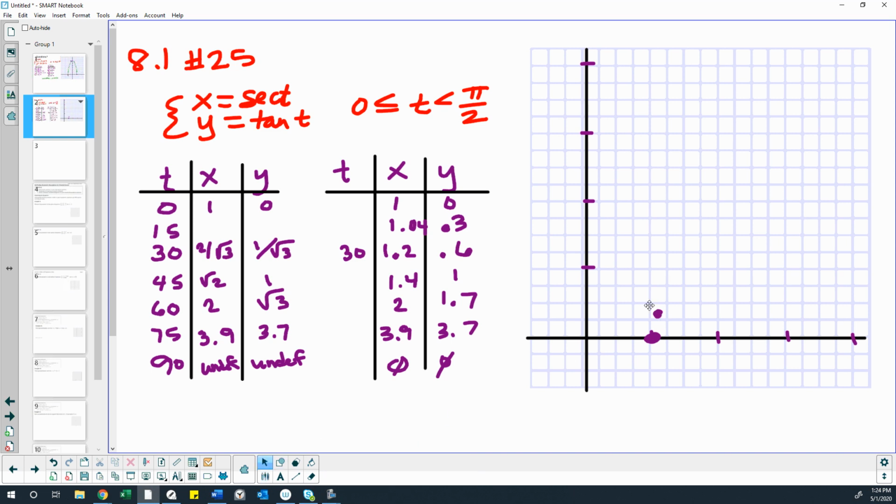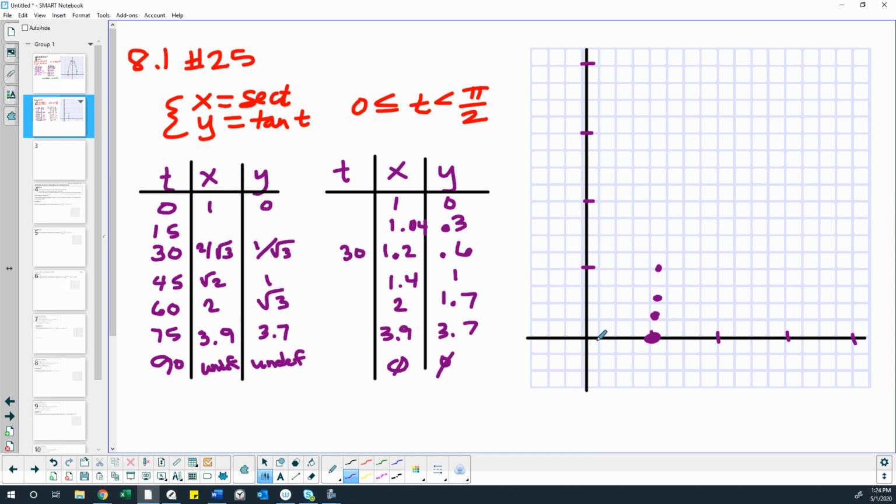Here, I'm going to move that over because it's almost just directly vertical with the other one, just not quite. Okay. And then we have 1.2 and 0.6 and then 1.4 and 1 and 2 and 1.7.